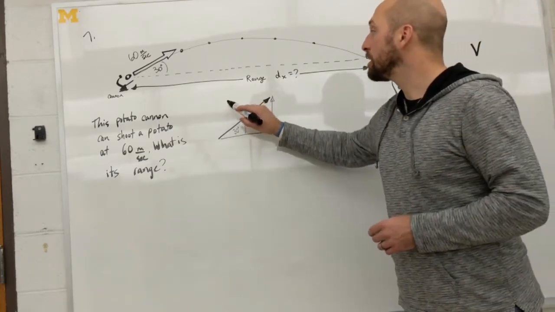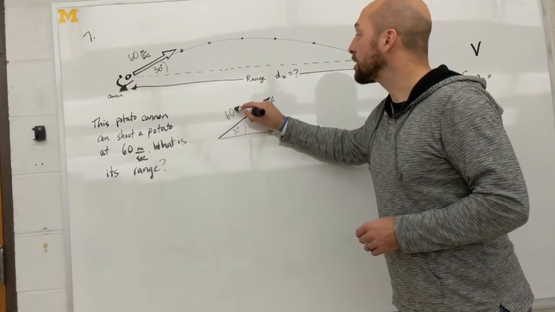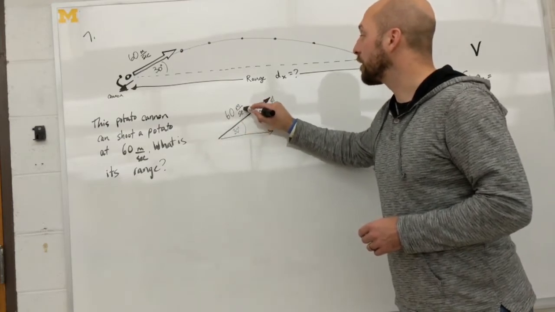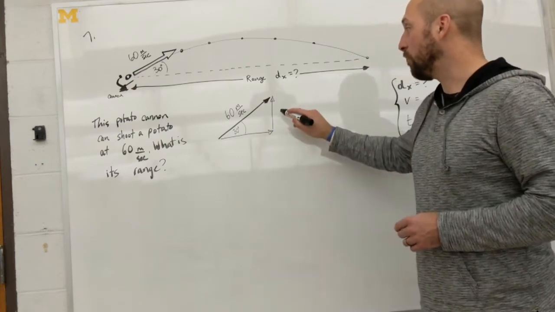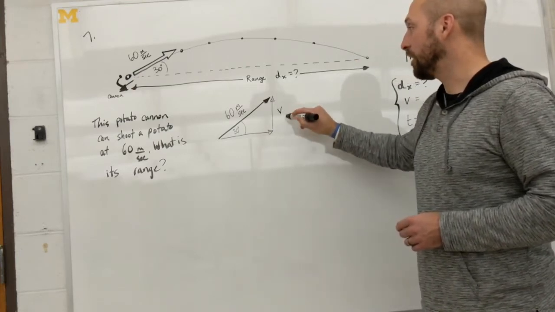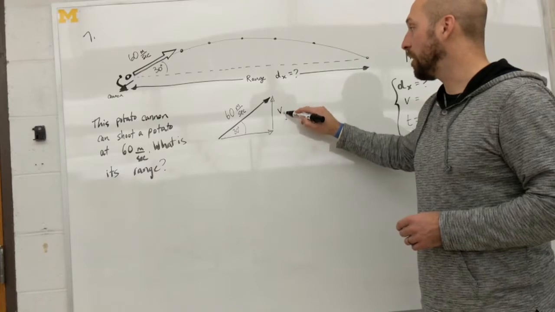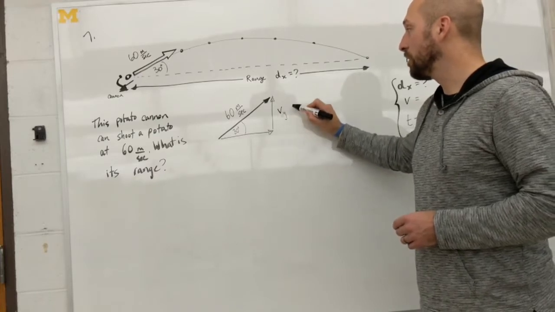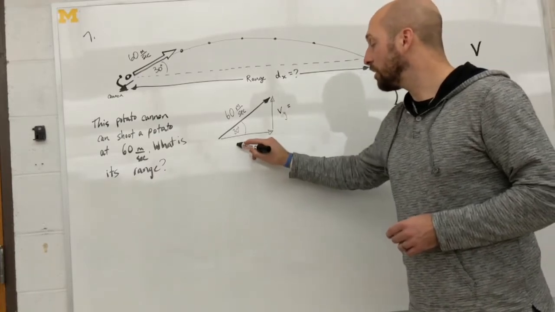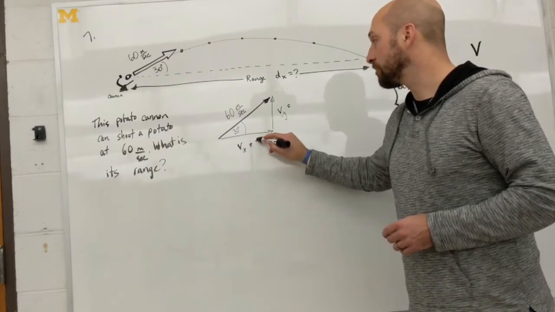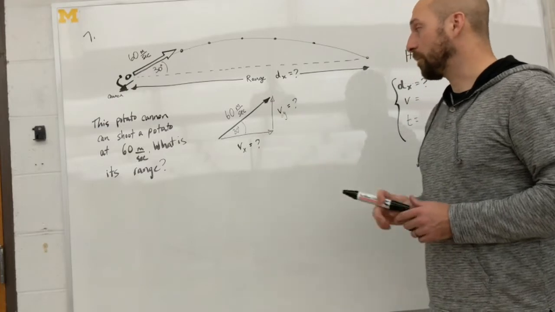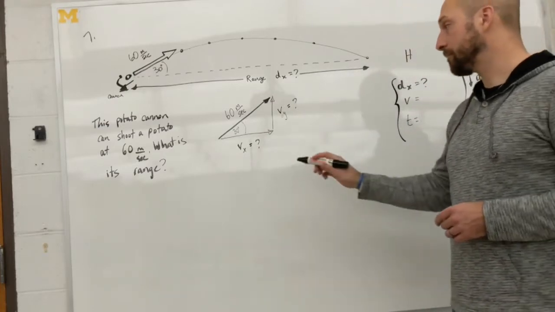Since it's launched at 60 meters a second at a 30-degree angle, we're going to have to find the initial velocity of the projectile upward, and the constant velocity of it to the right. The only way to do that is to do some trigonometry.